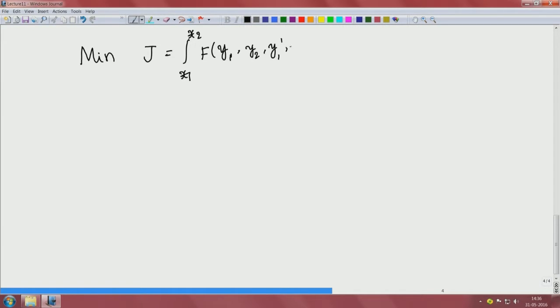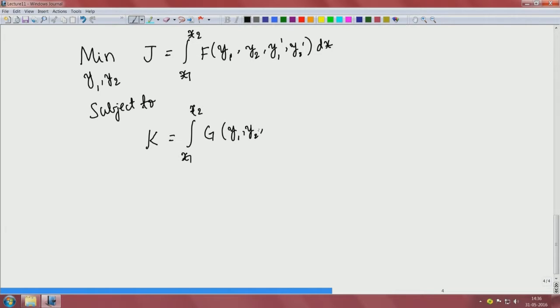To begin with, you can say y1 prime, y2 prime, and so forth, dx, and there will be two functions y1, y2, subject to a constraint of the form of a functional constraint K, say not 0 to L, we will say x1 to x2 of the integrand g, that can also depend on both functions and its derivatives.